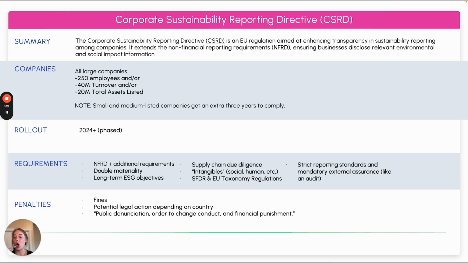It is all large companies with 250 employees and or 400 million euros in turnover and or 20 million euros in total assets listed. This goes for companies placing products and doing business within the EU. And again, we're going to get into that a little more deeply in a second.